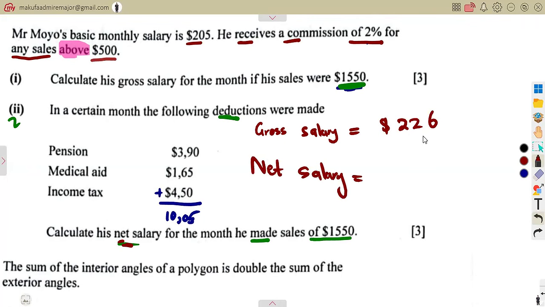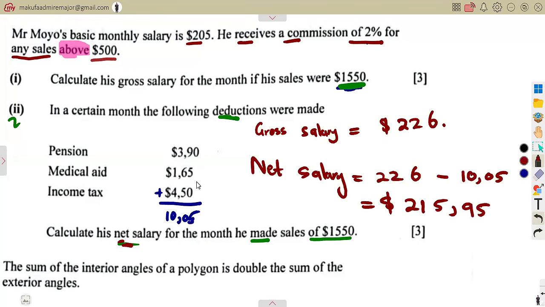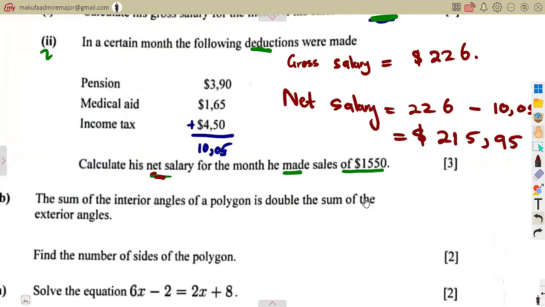The net salary is going to be the gross salary, which is everything before deductions, minus the deductions of 10.05. Again, use your calculator. You're going to obtain $215.95. Okay, so be careful. The deductions are something that you are removing from the money that you have. So these are deductions.